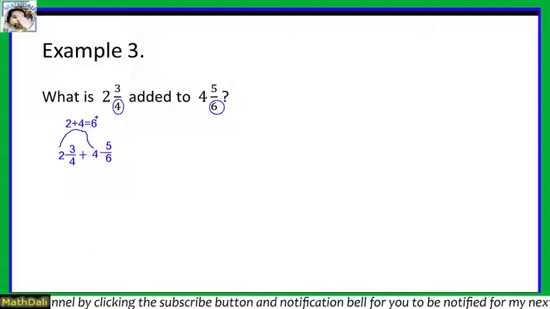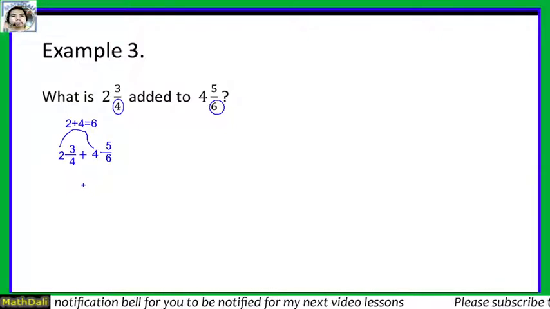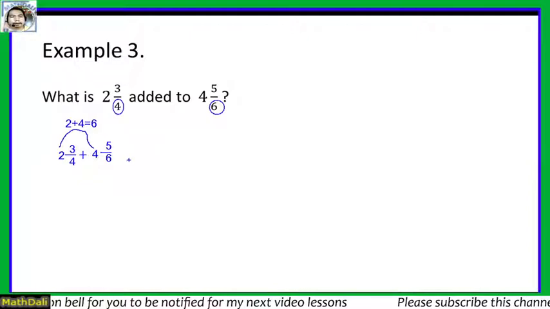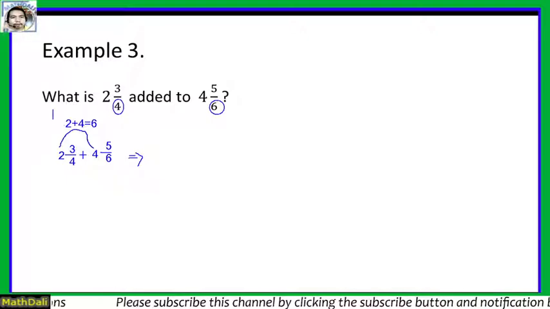Ayan, yan yung ating whole number. Okay, next, we have 3/4 plus 5 over 6. Yan yung ating i-add ngayon. Yan. Ito para sa whole number to. Yung sum ng whole number.